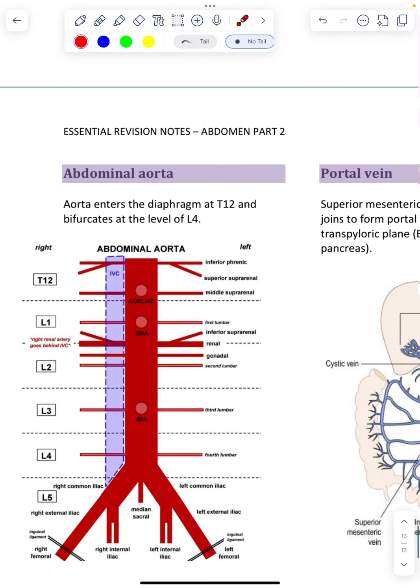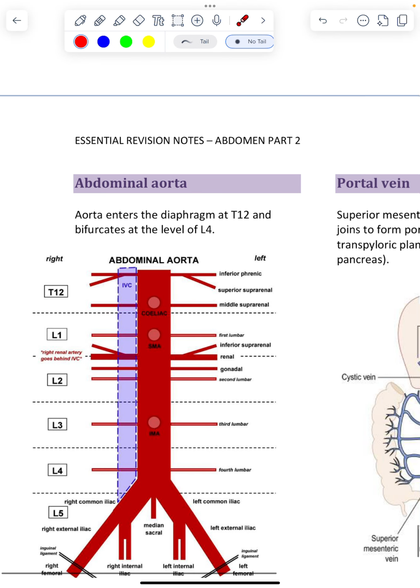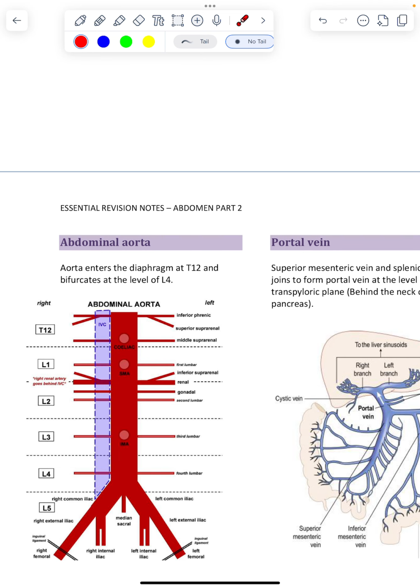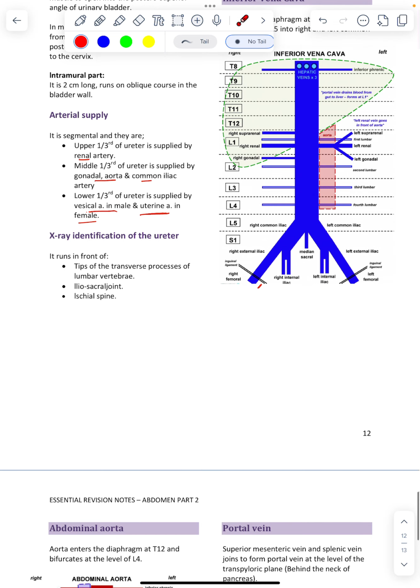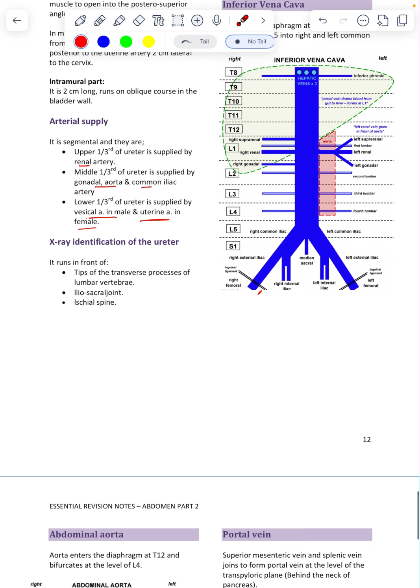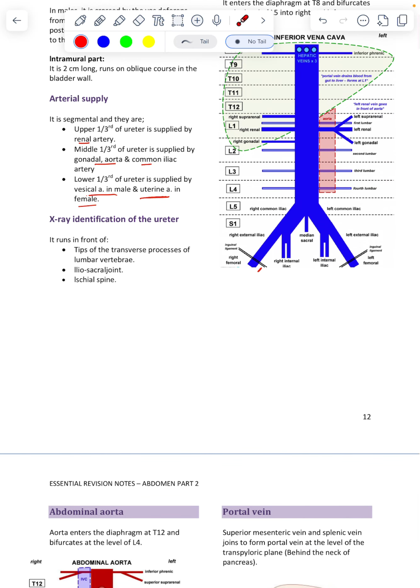So this renal artery is going behind and the vein is in front. The right renal artery is going behind the IVC. The left renal artery should be behind the left renal vein.